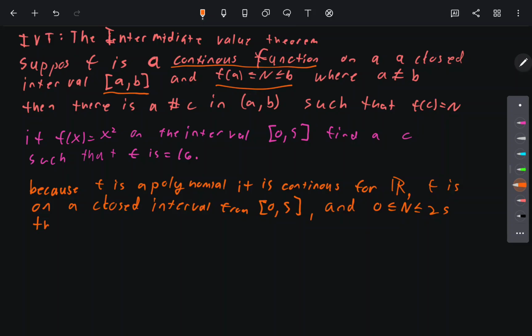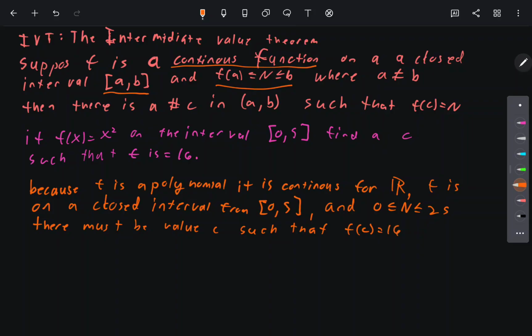There must be a value c, such that f of c is equal to 16.